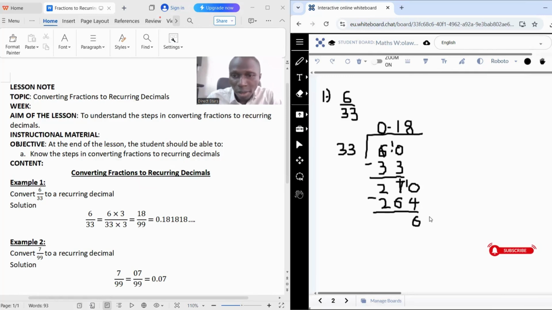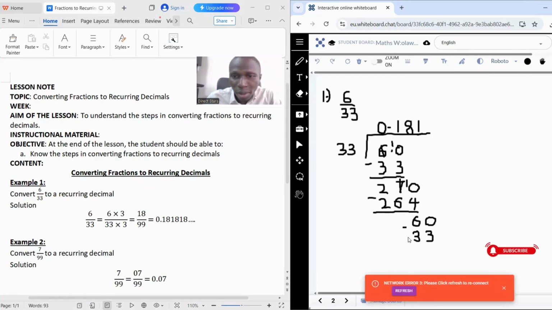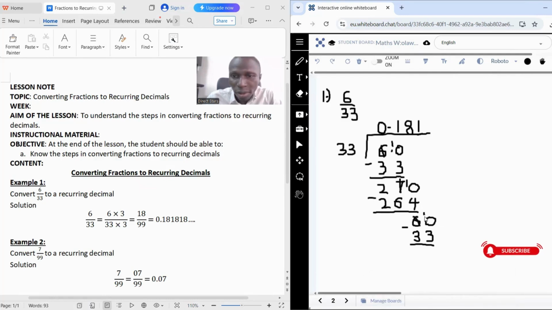Now we can bring down another 0, so we're going to have it to be 60. 60 divided by 33, we're going to have it to be 1. And 1 times 33, we're going to have it to be 33. So 60 minus 33, we're going to have this to be 27. Bring down another 0, which we're going to have it to be 270.